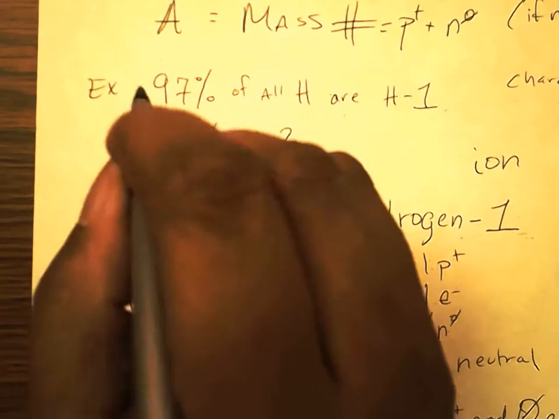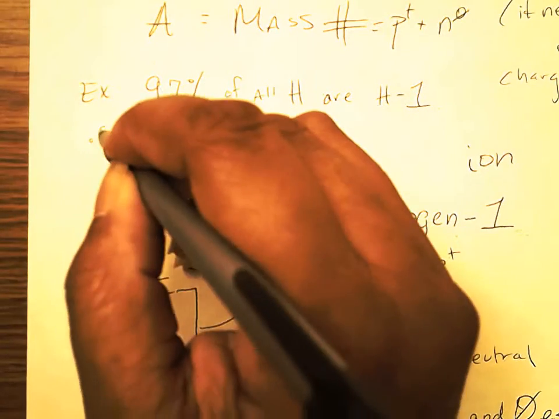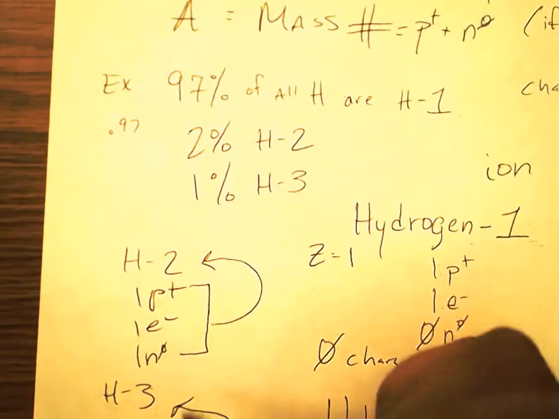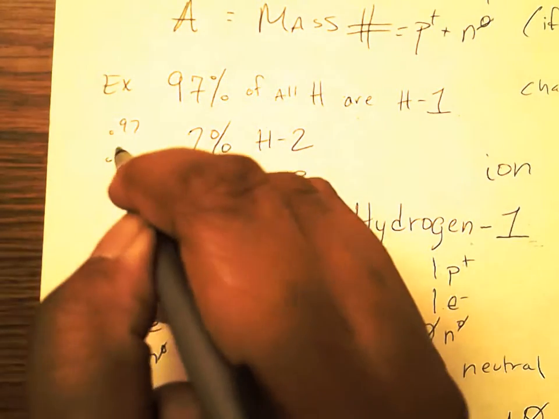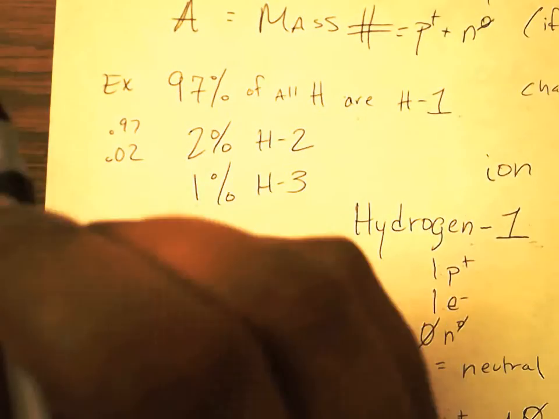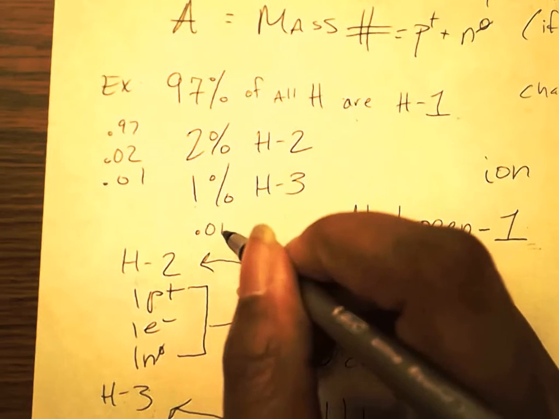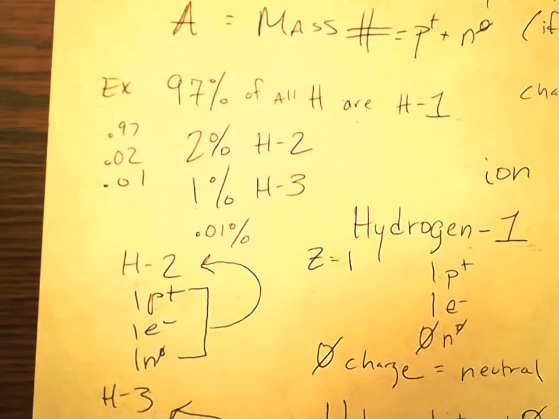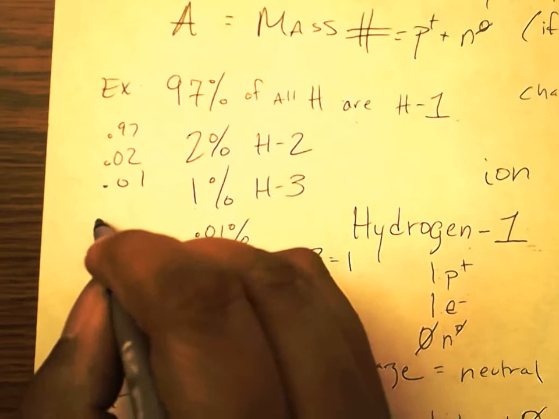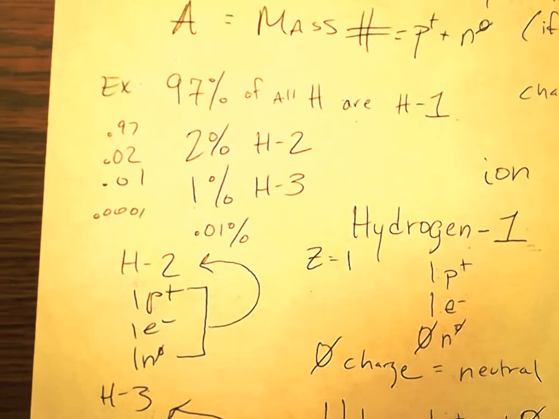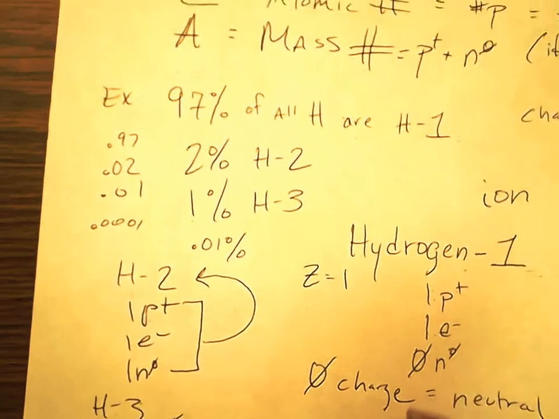So you would have to type in 0.97. And for 2%, how would that be? 0.02. If it was 1%, 0.01. What if I told you something had 0.01%? 0.0001. Make sure you always move percent signs to the left 2 times.